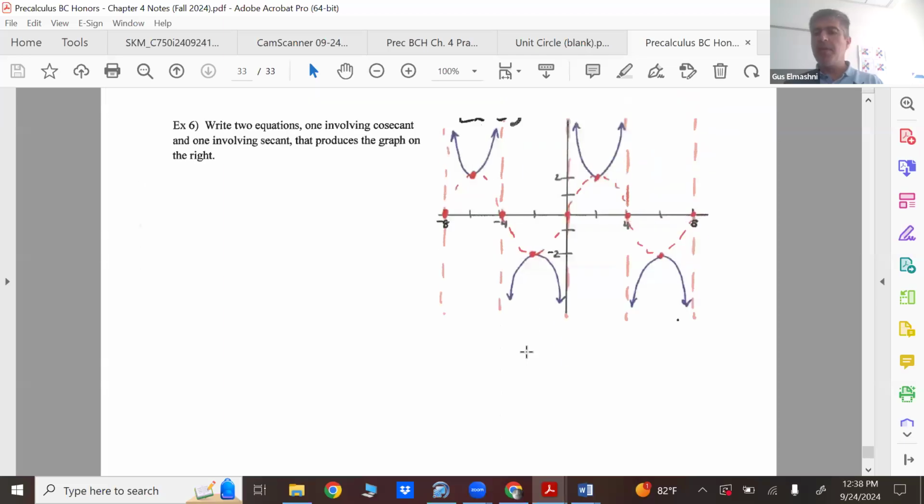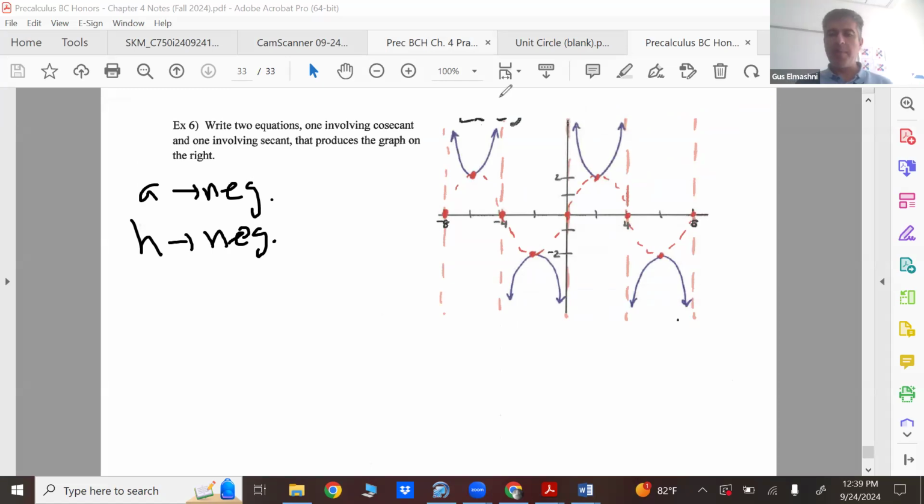Okay, this one right here. Because we were a little rushed yesterday, right? So how would I write an equation of this? And I'm going to add a little twist to this. I want your A to be negative, and I want your H to be negative. Okay, first off, let's draw this.